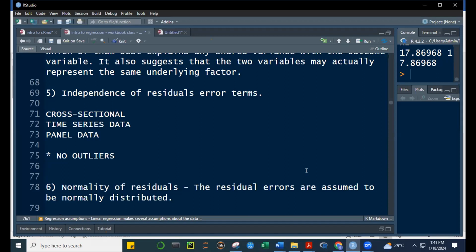Now, it's possible that there was a mistake in the recording. For example, say you're talking about the prices of commodities, and the range is, let's say, from 100 to 1,000. Then suddenly there's one commodity whose price is 1 million.